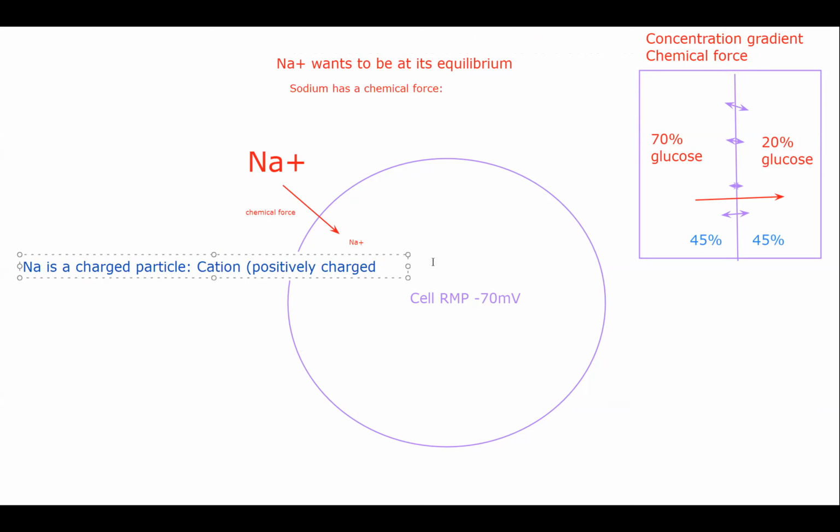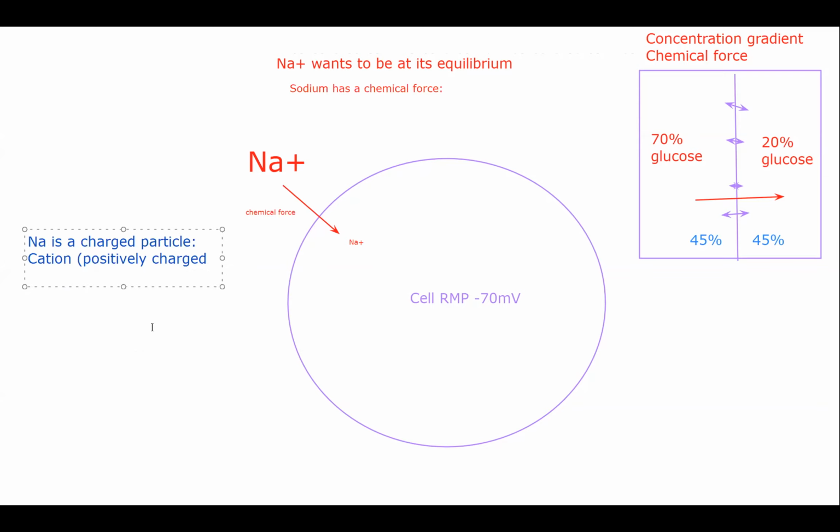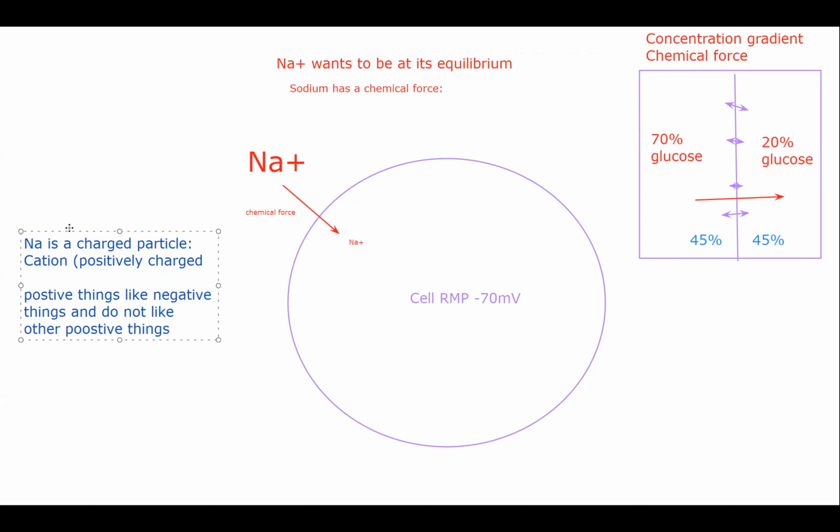So sodium is a charged particle, a cation, positively charged. And as anybody who's played with magnets knows, positive things like negative things and do not like other positive things. When you're playing with a magnet, it's very hard to get the two positive sides or the two negative sides to go together, but the positive and negatives attract and go together.